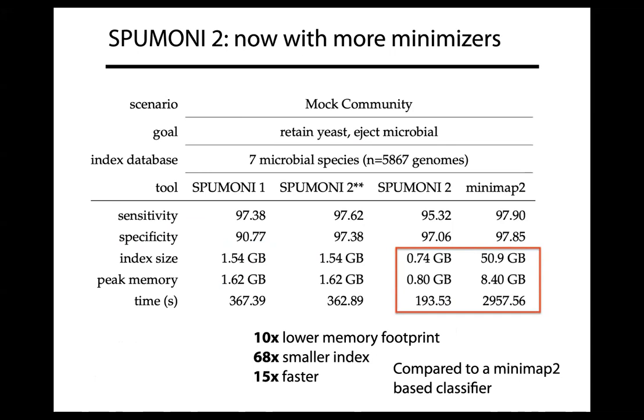We've got a very similar kind of result to the one I just showed you, but there's an even bigger gap between Spumoni 2 and Minimap 2. So the good news here is that you can layer in these two kinds of compression, the full-text index, r-index style compression, which is lossless, and the minimizer style digestion, which is lossy, and they don't undo each other, right? They actually do interact surprisingly well.